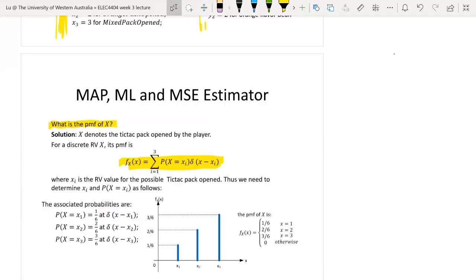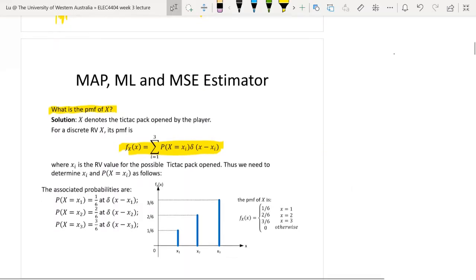The delta function is just used to indicate the unit impulse at a particular position x equal to xi. Because the unit impulse function has a non-zero value only at the position xi in this case. Okay, because it's delta of x minus xi. This is pretty general. We have learned this one in, I think, week 1.